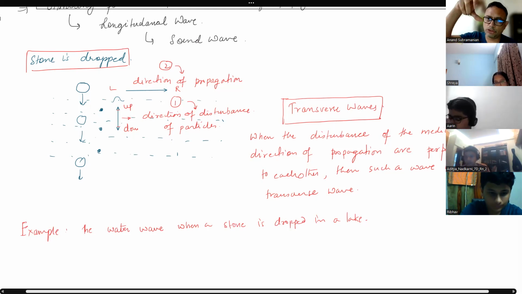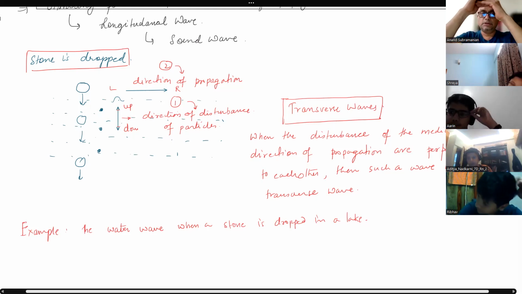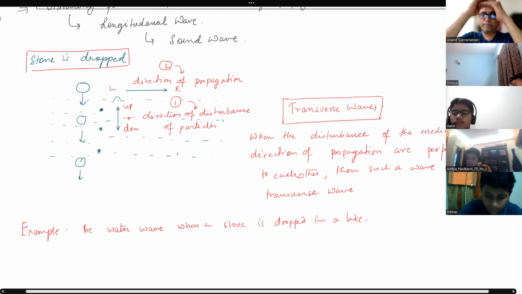Yeah. So when a stone is dropped in a lake, the water particles go up and down, like the mattress springs. They go up and down, and when they do, they displace the water. So the water will come up. That is the formation of the ripple. Whenever the water particles move up, they form the ripple. If you are on top of the lake observing, that ripple seems to move along the lake, which we call the horizontal direction.